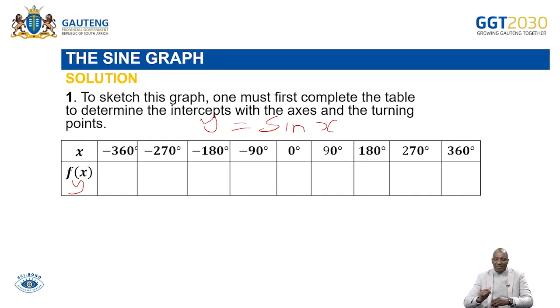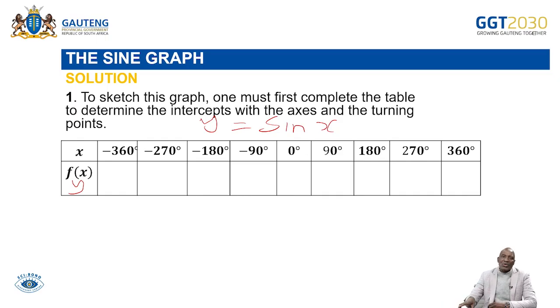Let's complete the table. Copy that table down and fill in the missing y values. Yes, you need to involve yourself. Let's get active there. Let's quickly copy that table down and work out the missing y values.